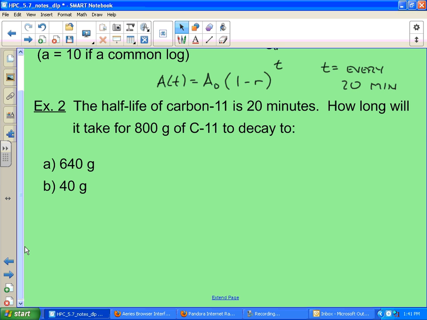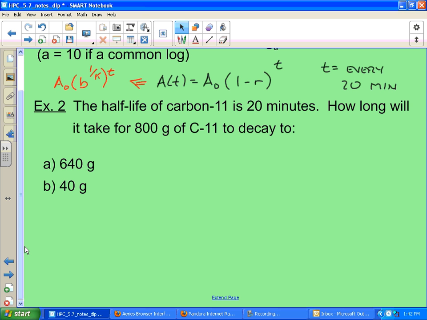But did we have an equation that allowed us to go to a per minute change? Yeah, we have the BTK problem, right? The BTK was the one that said we have A sub 0 times B to the 1 over K to the t power. And this is a per minute change versus a per 20 minute change. And the K is the time it takes to, in this case, halve our original amount.